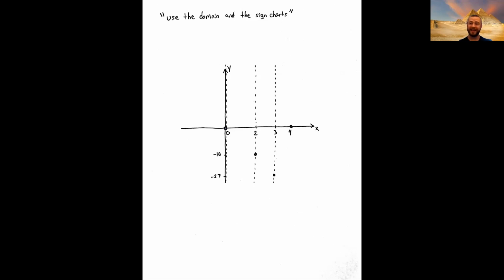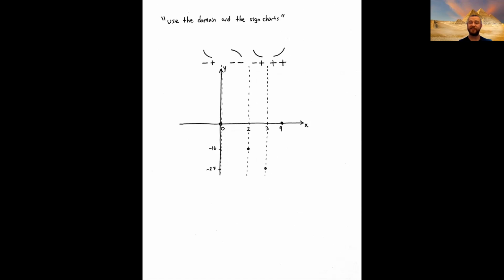Now you might want to pick an x value in each of those intervals and see in each sine chart where that test point or x value is. If you refer to your two sine charts on each of these four intervals, you should get these four dual sign combinations: negative plus, negative negative, negative positive, and then positive positive.